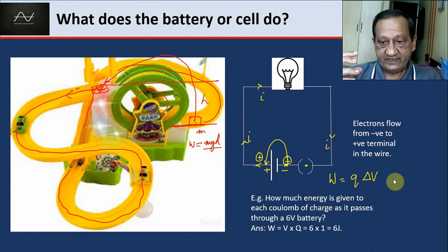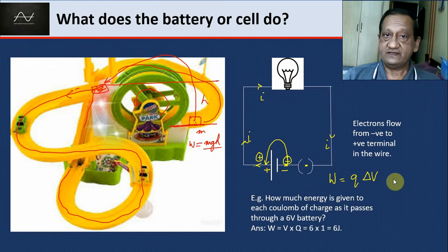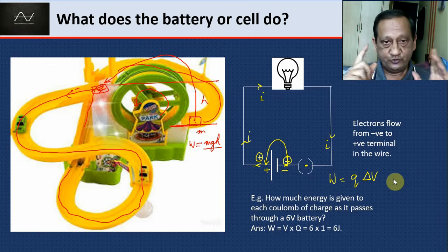So if you take a charge and lift it up from, say, zero potential to a potential of 10 units, then that charge multiplied by the potential difference is the work done. And the unit of potential is volts. You hear the word voltage quite often.